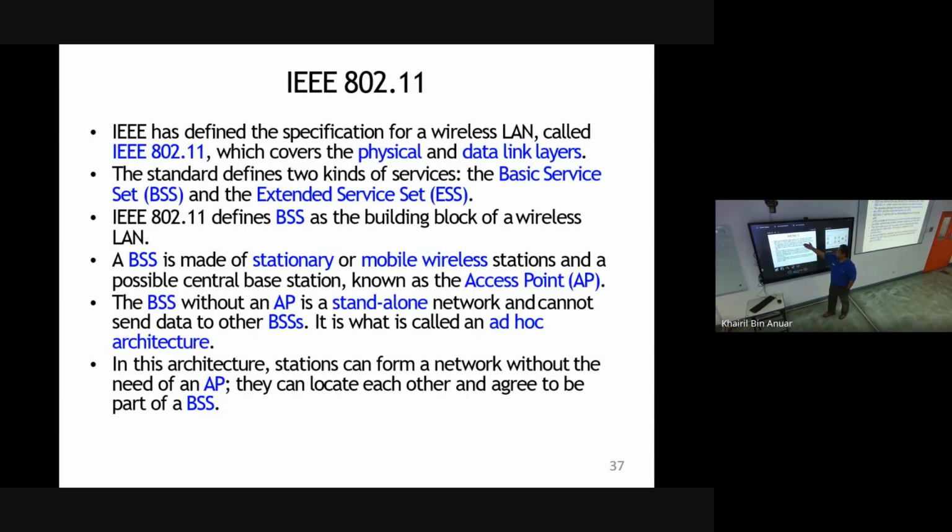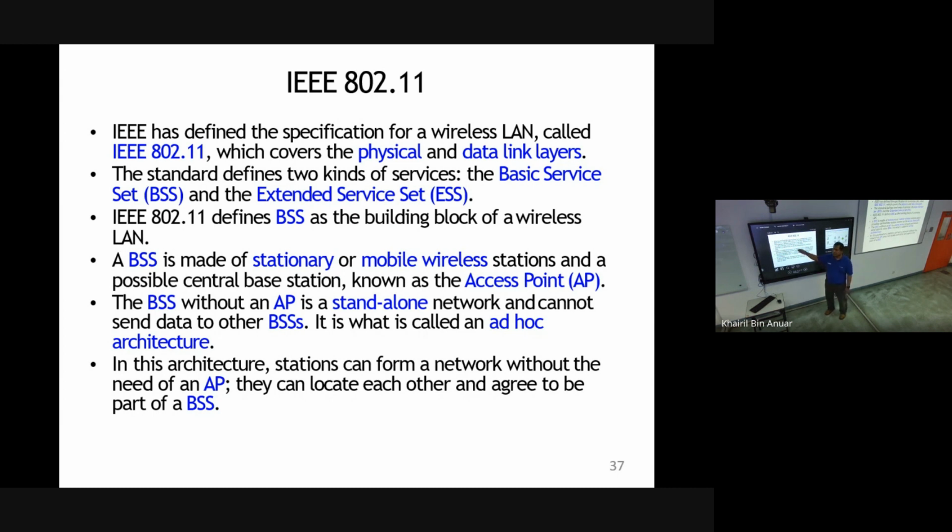It also covers the physical and data link layers, meaning that if you want your device to be connected to a wireless LAN, you just need to add an interface card, which defines the physical and the data link layer. So that is how it's defined.